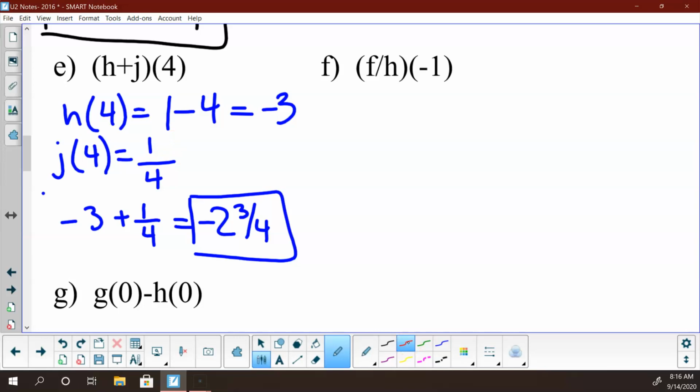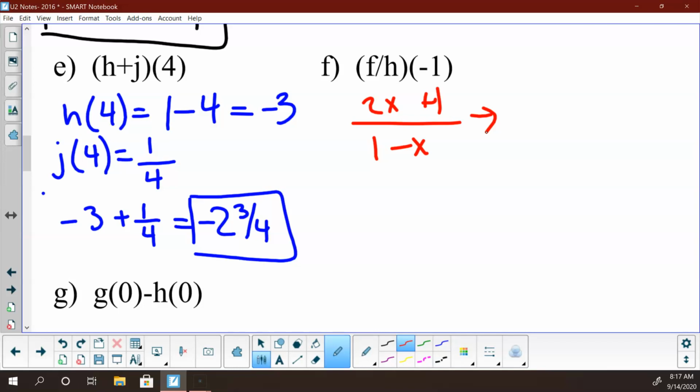Do you guys prefer writing it that way, where you split it and you do each of them one at a time and then add them? Yes? Because for letter F, we're dealing with f of x and h of x. What you can do is write it as 2x plus 1 divided by 1 over x, and then plug in negative 1. It's kind of whatever floats your boat.